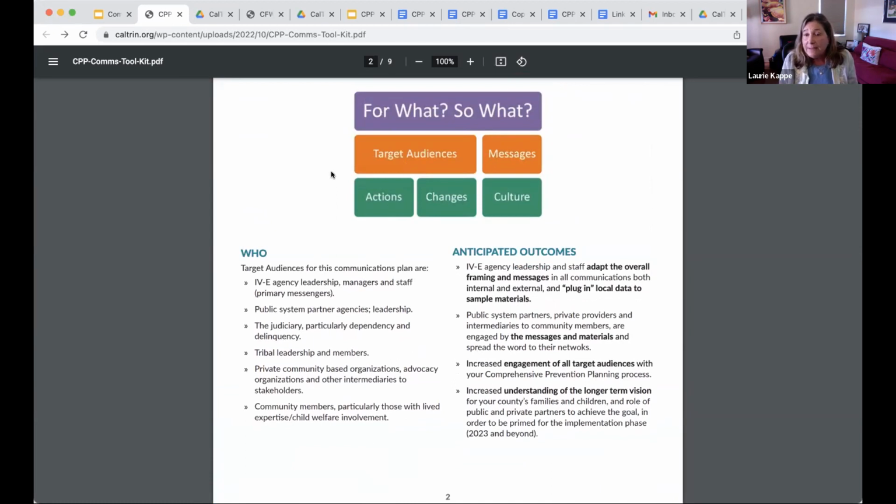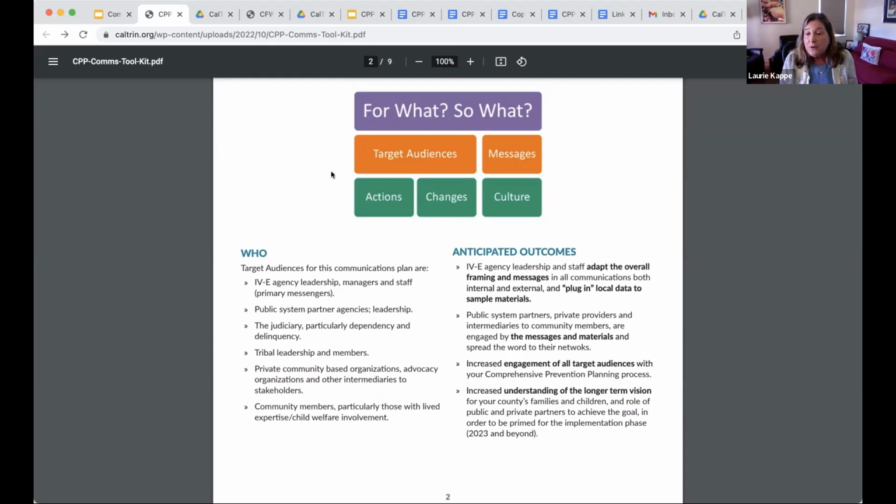And if you do it all right, what are you going to see as anticipated outcomes? You're going to see your agency leadership and staff using these talking points. You're going to see your public system partners also adapting these talking points and spreading the word to their networks.